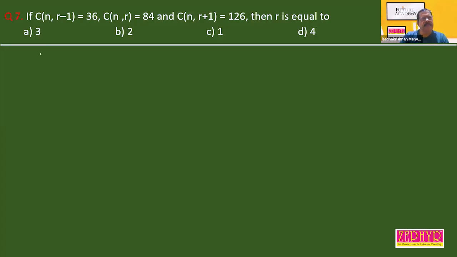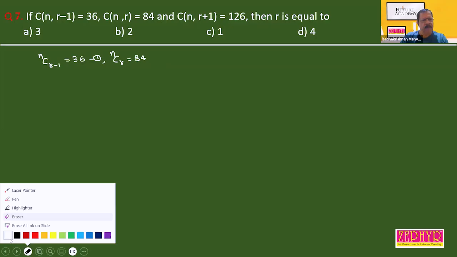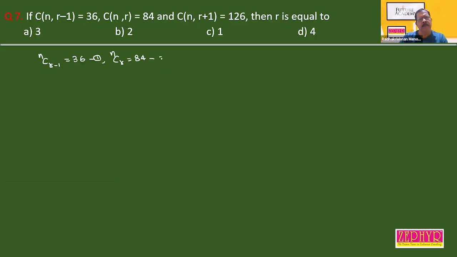We have got nC(r minus 1) is equal to 36, nCr is equal to 84, nC(r plus 1) is equal to 126. You have to find out the value of r.